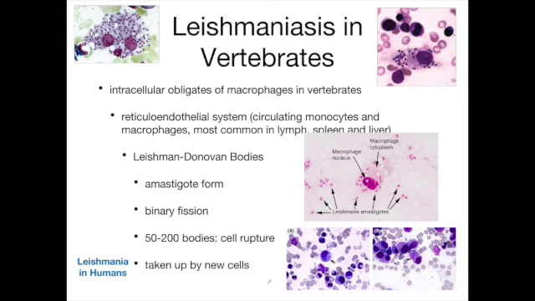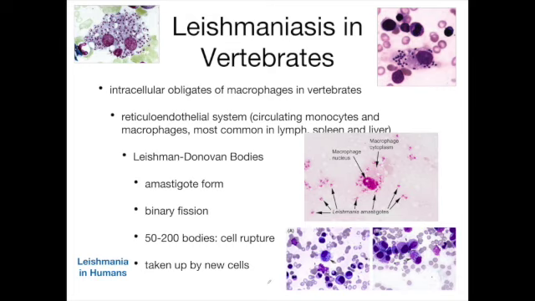So reticuloendothelial simply means within tissue and within endothelial cells. And these white cells move around. That's what these monocytes and macrophages do. Monocytes are usually found in circulation and macrophages are found in tissue. They are most commonly found in the lymph tissue, in the spleen, and in the liver.